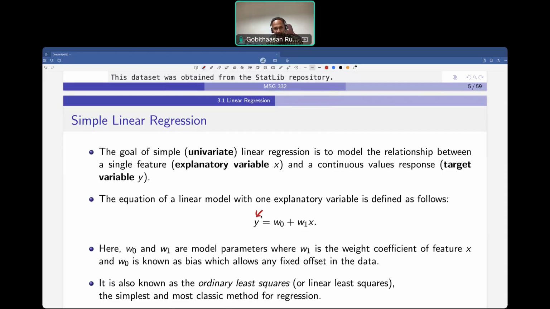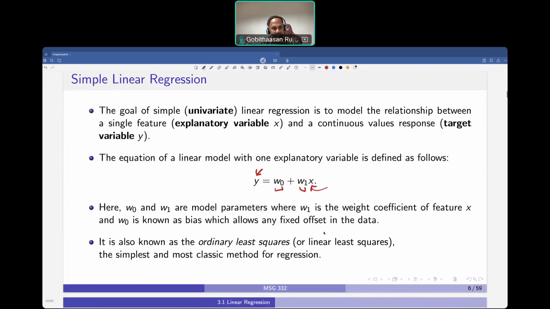So y equals w0, which is the intercept. W1 is the coefficient of x. X is the so-called explanatory variable, or we call it a feature. So if we have one feature, this is the equation that we will use. Previously, we had 8 features, so we might end up using multiple regression, but here it's just one.